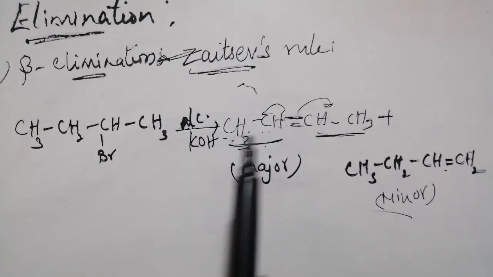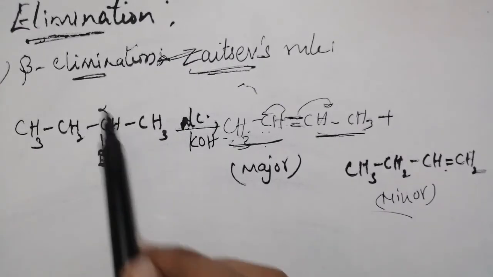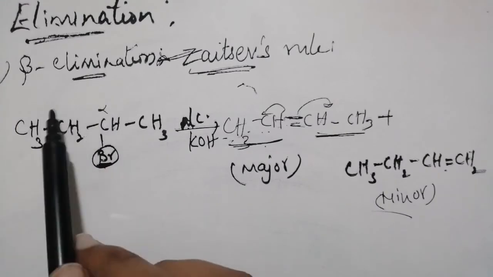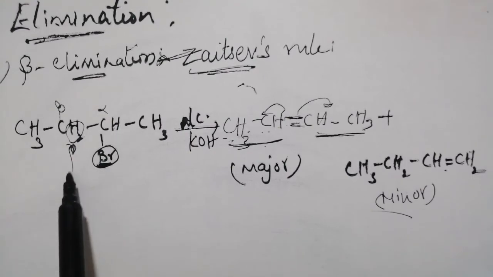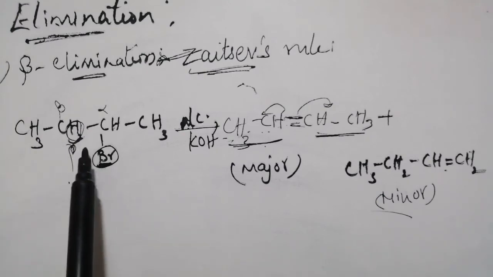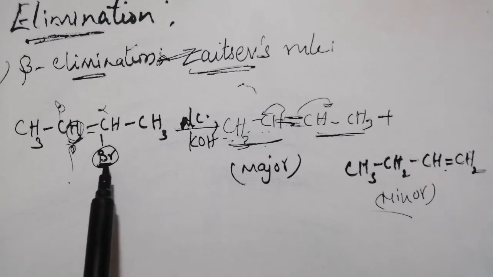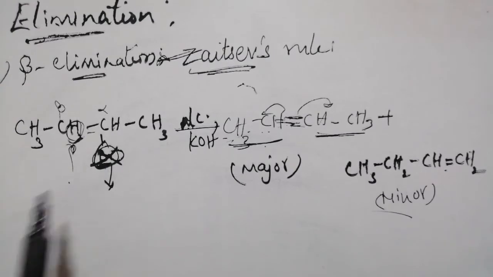Zaitsev's rule tells me that the halogen-attached carbon is the alpha carbon, the next is the beta carbon, and this is the beta hydrogen. So my beta hydrogen will be removed and a double bond will be formed here, and the alpha halogen atom will be removed.